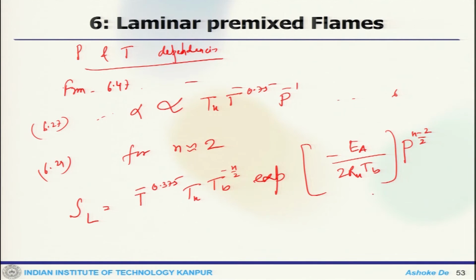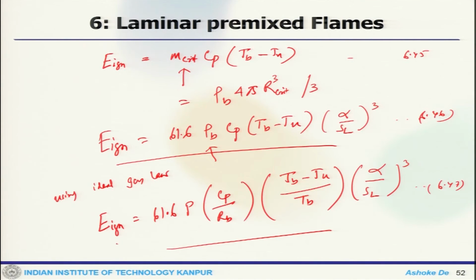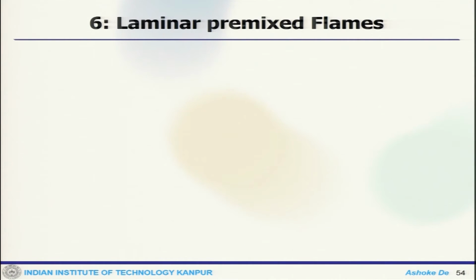So, this is what we have already obtained in 6.29. So, these two pieces of information we have, and we want to use them and connect with this ignition energy equation, and if we do that, the combined effect of SL is that E ignition is proportional to P to the power minus 2.